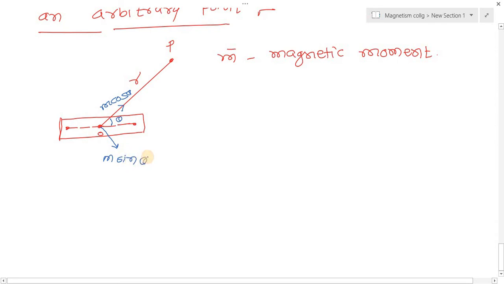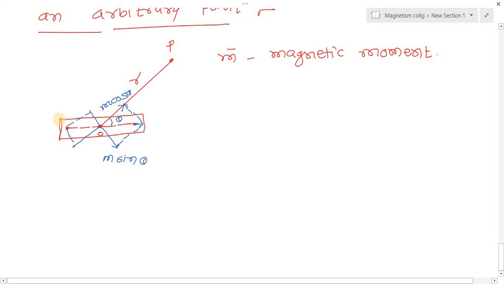If I join it and complete it, it is a rectangle.